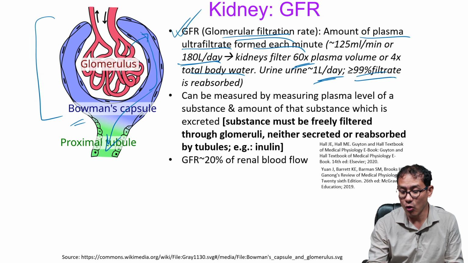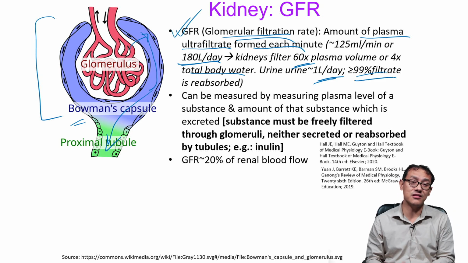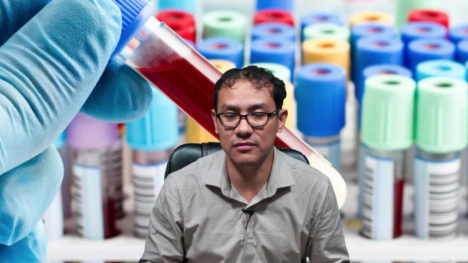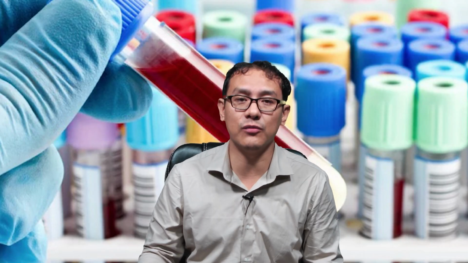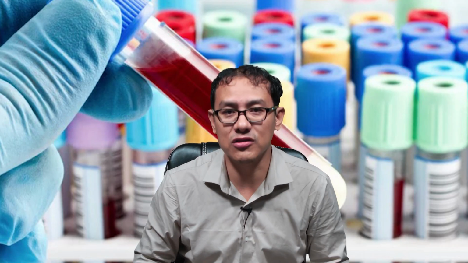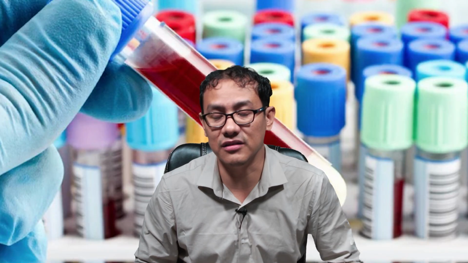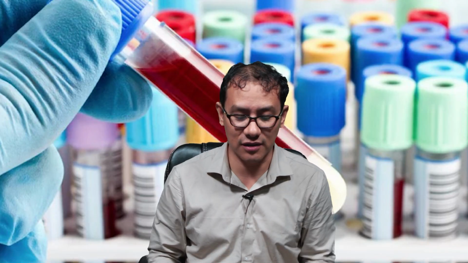That means more than 99% of the filtrate is reabsorbed by different parts of the tubules, like the PCT, the DCT, or the collecting duct.